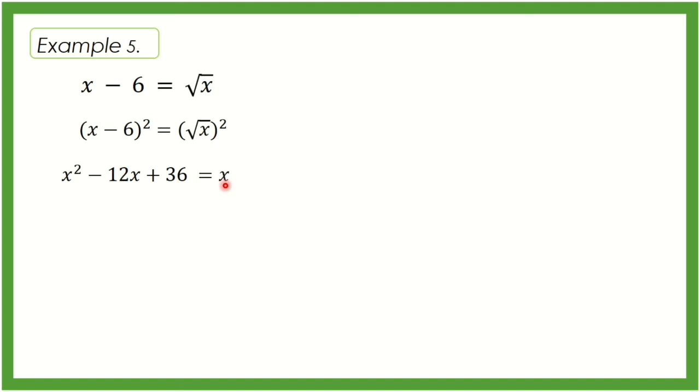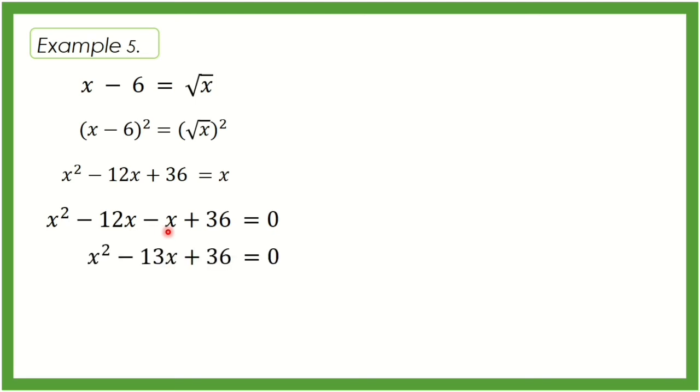Meron tayong like terms na negative 12x tsaka x. Ita-transpose natin or move natin yung x to the left, magiging negative x na siya. Then, simplify, we have x squared. Negative 12x minus x is negative 13x. Plus 36 equals 0. Meron tayong quadratic equation.